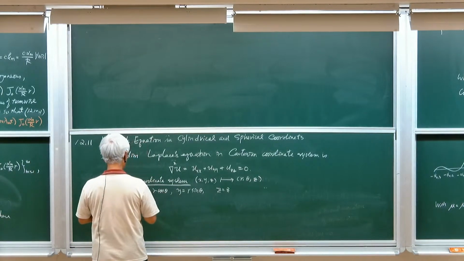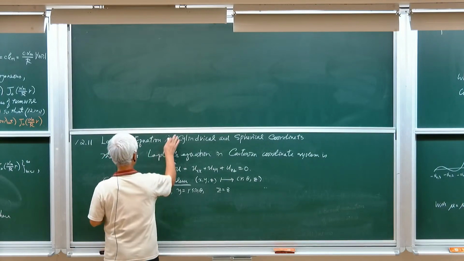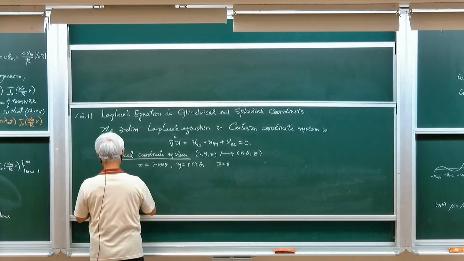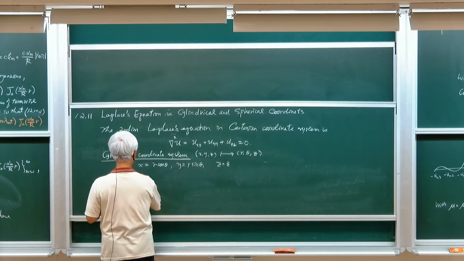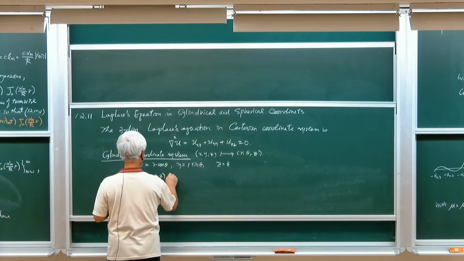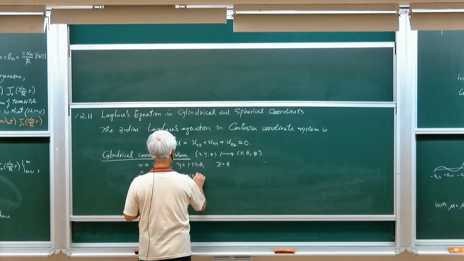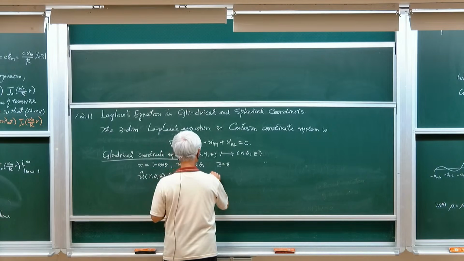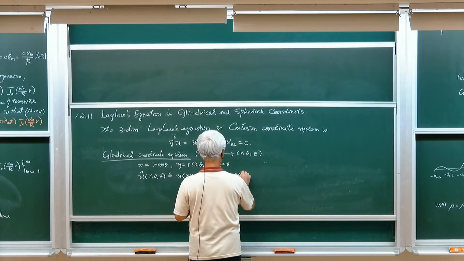So you can see that in this case, we let u tilde of r, theta, and z be defined as u of x(r, theta, z), y(r, theta, z), and z.